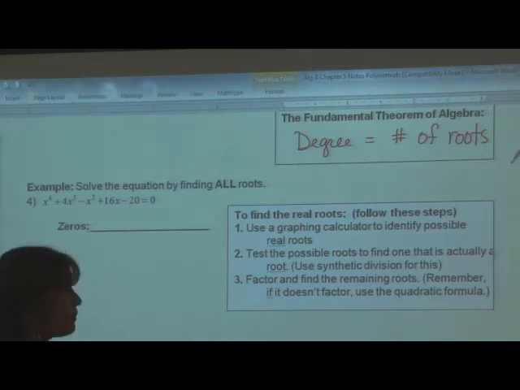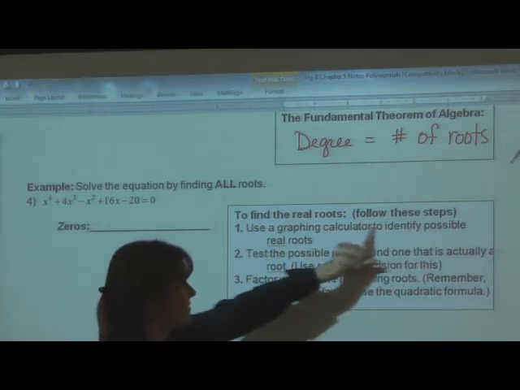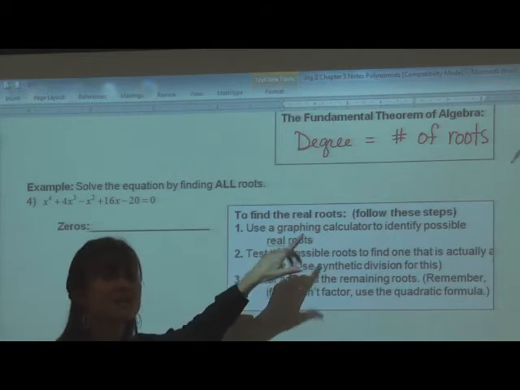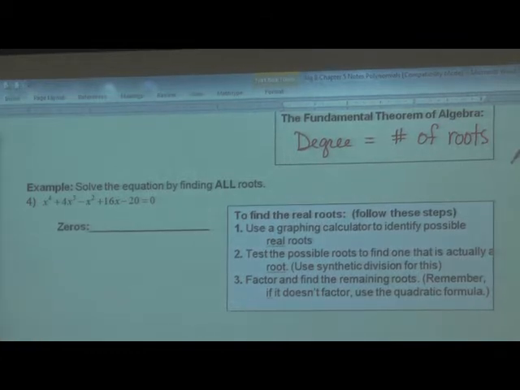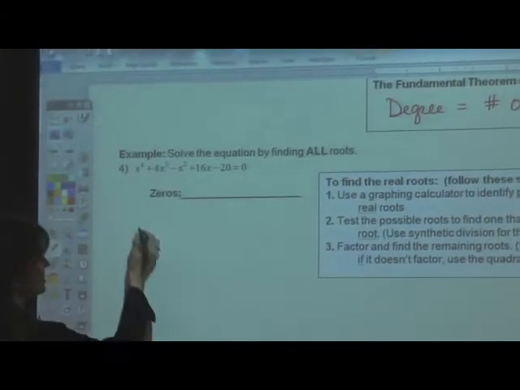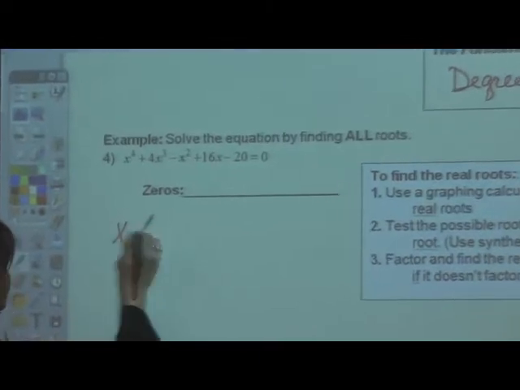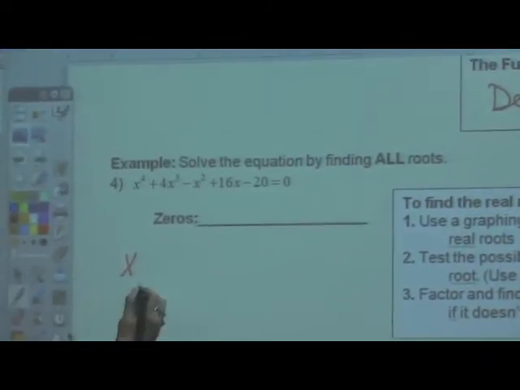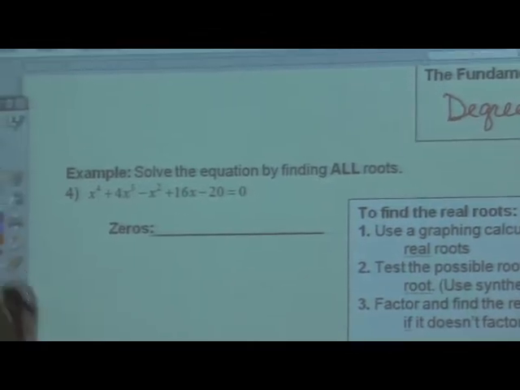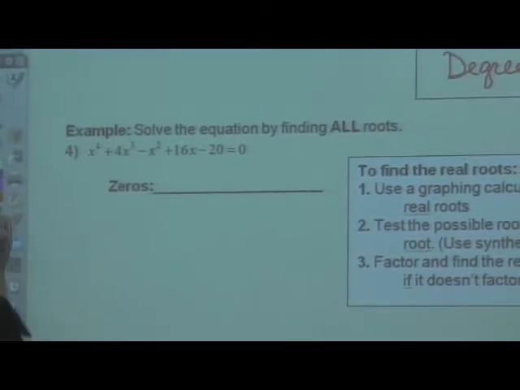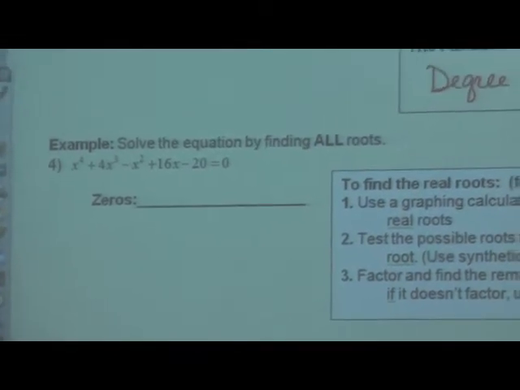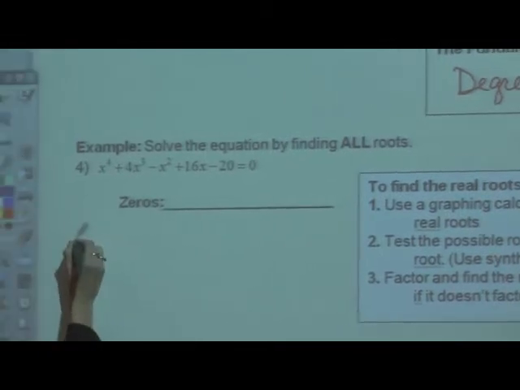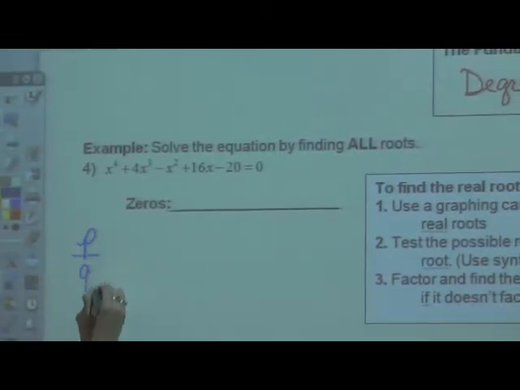So we're going to go back to old school, and where it says use a graphing calculator to identify the real roots, that's where we're going to do our rational zeros test. The very first thing that we're going to do is find the possible zeros. If you remember, all the possible roots are found by using those p's and q's.